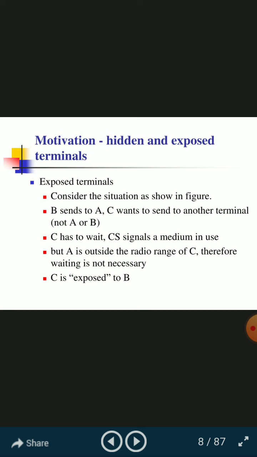It is not free, but A is outside the radio range of C. Therefore, waiting is not necessary. C is exposed to B.